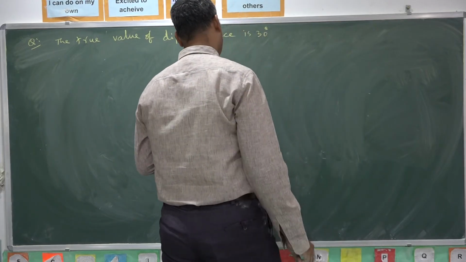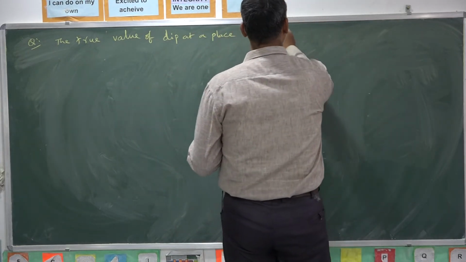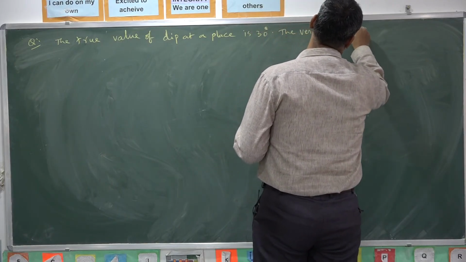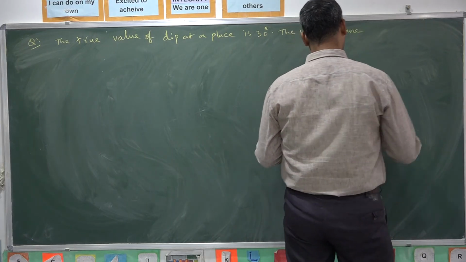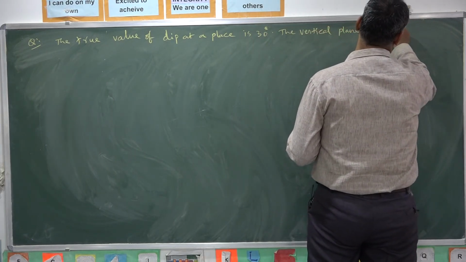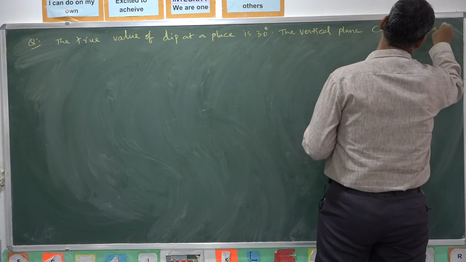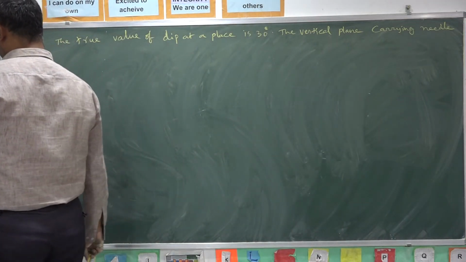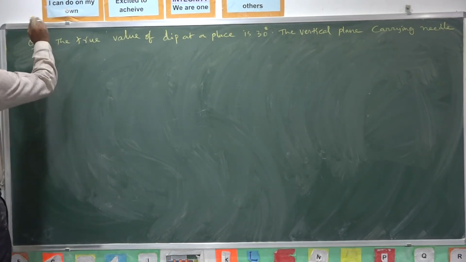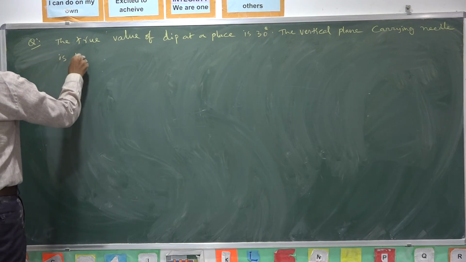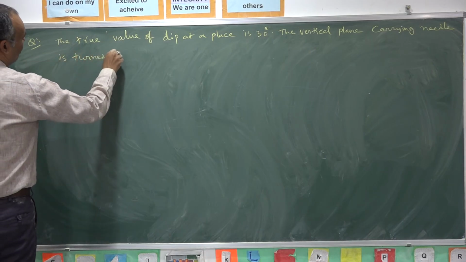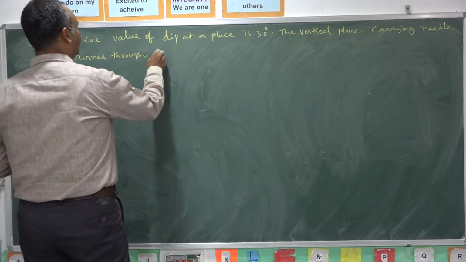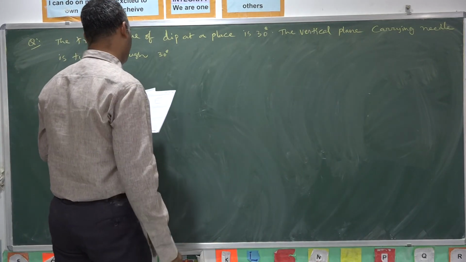The vertical plane carrying the needle is turned through 30 degrees from the magnetic meridian.